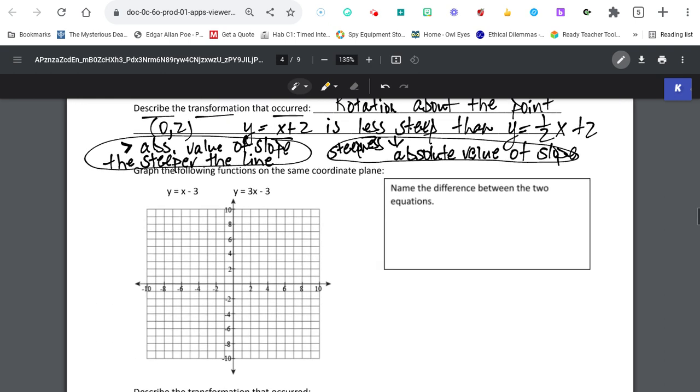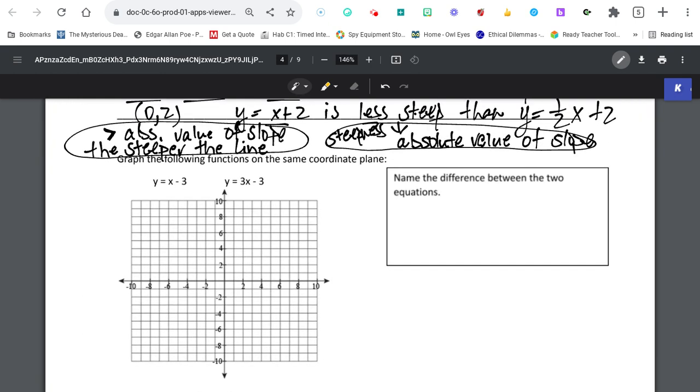All right, let's take a look at the next one. I'm going to graph this one in black. So the slope is 1, and the y-intercept is -3. Up 1, right 1, or I can reverse it and go down 1 and left 1.